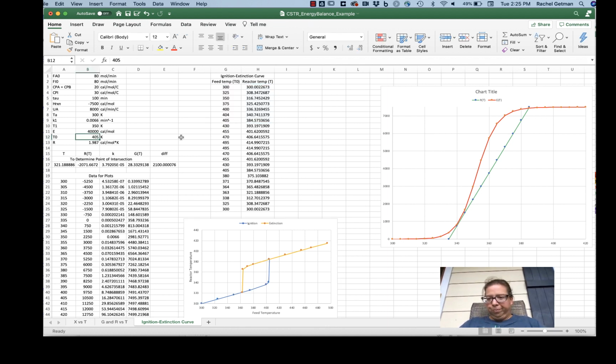So for example, going from 380 to 390, in both cases there are 3 possible steady states. If we were previously operating at a lower steady state, then we will just move the temperature up a little bit. If we were operating at an upper steady state, then we would just move the temperature down a little bit. And rarely are we ever operating in this region because these are unstable steady states.